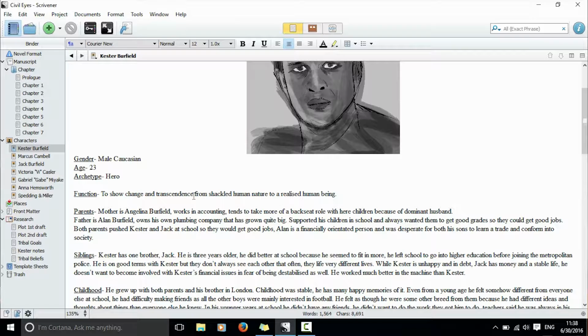This section, function, helps you to really realise what this character's doing, what's their purpose in the story, instead of having pointless characters. So he's the hero, to show change and transcendence from shackled human nature to a realised human being. And I'll do that for all the characters.